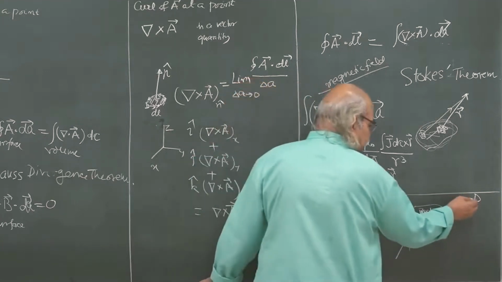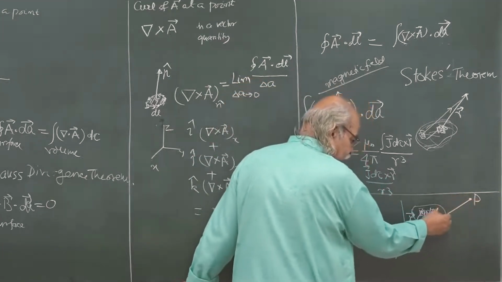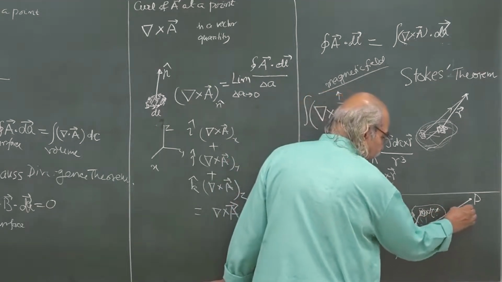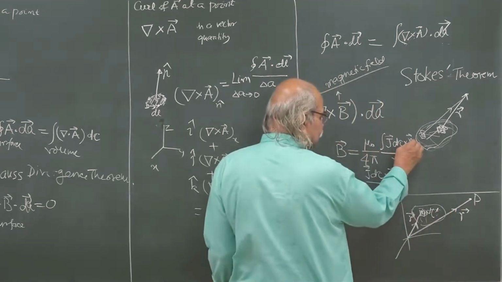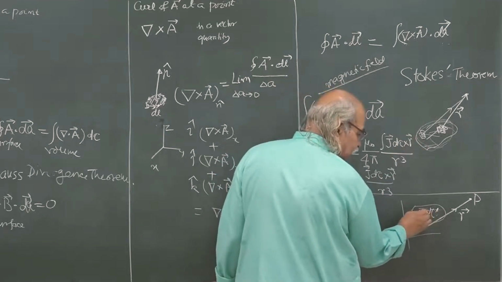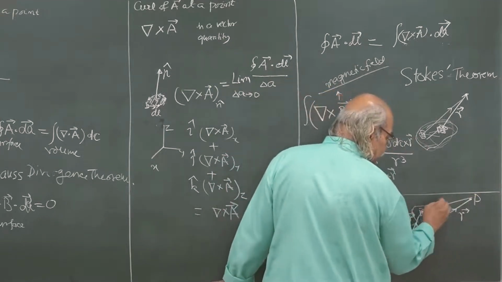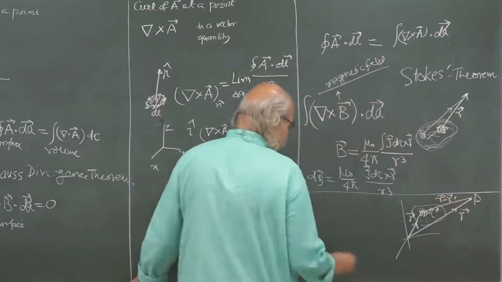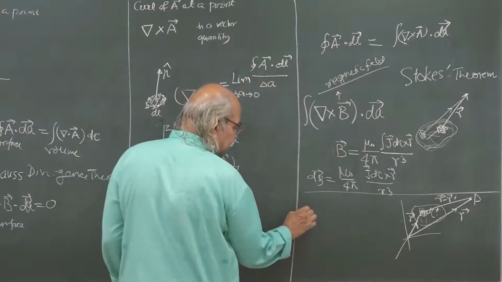And this P here, if you join it from the origin, we will call it r, and in that case this vector from the current element to the P will become r minus r prime.